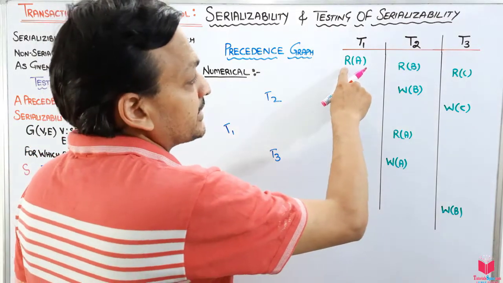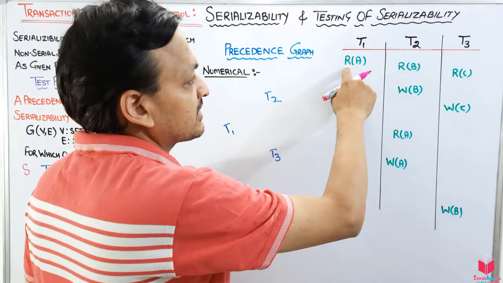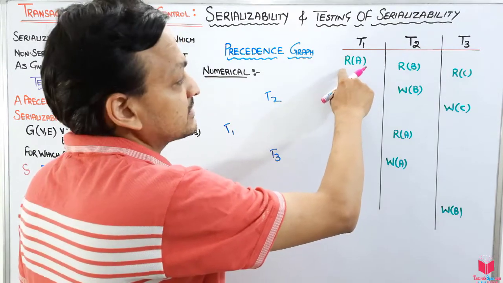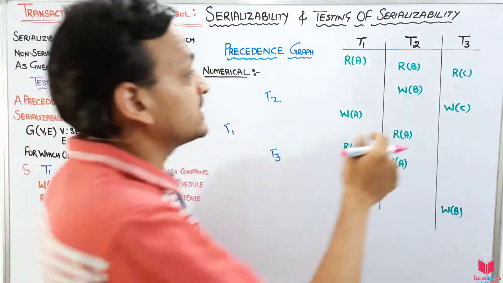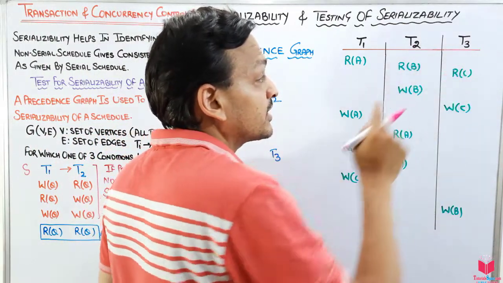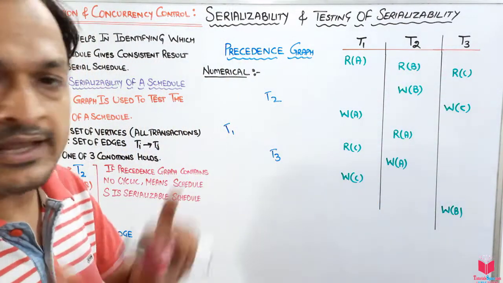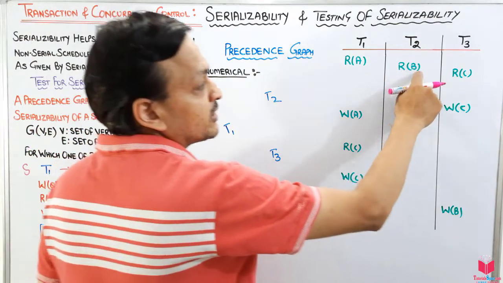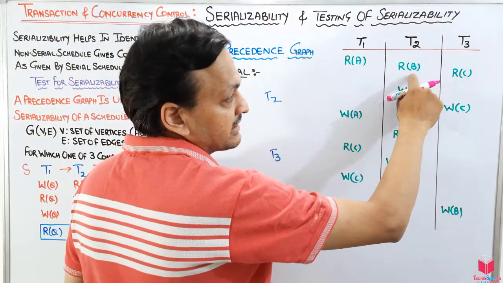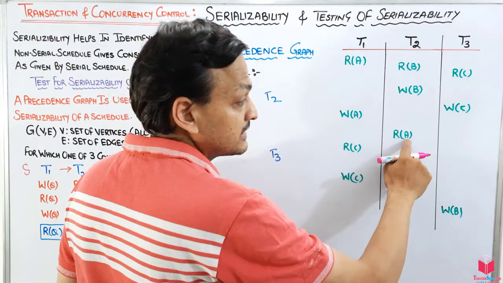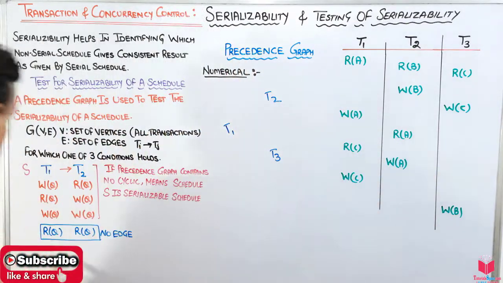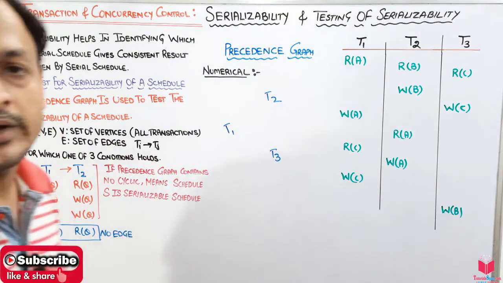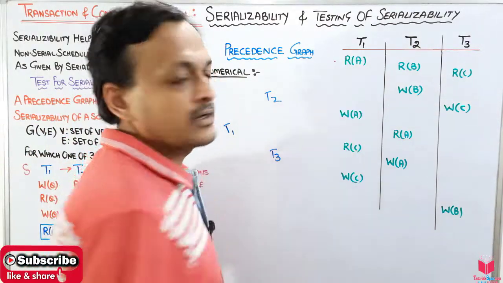This is a read operation on a variable, so we will check transactions 2 and 3 for any operation on that variable. This is the B variable, so we will neglect it. This is the A variable and it is a read. Read says there will be no edge, so it will be left empty.